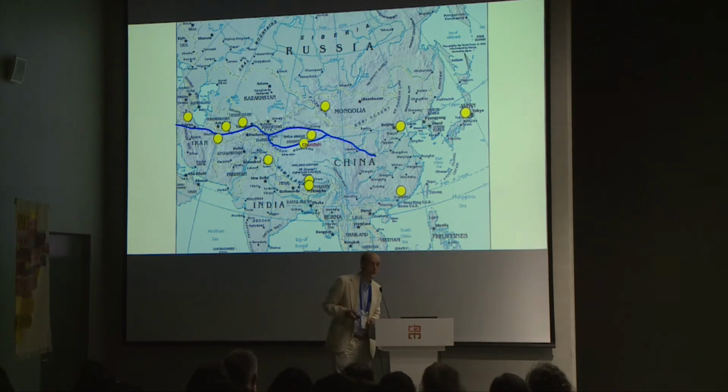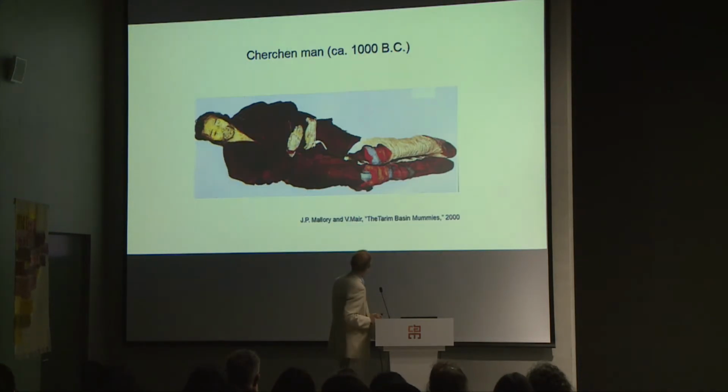Now, what I want to do now is just give a few examples. Many of them we've looked at, but I'll just give a couple of examples. One of the first things we actually looked at was some samples from Xinjiang, Chechen, which is the cemetery where sort of a famous mummy was found.